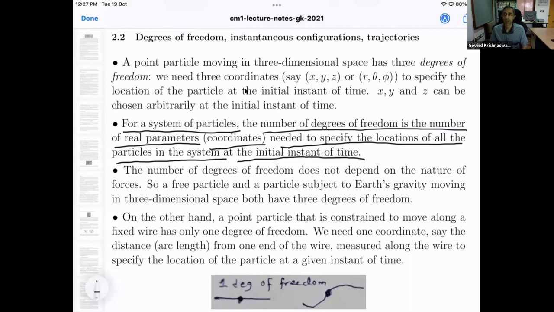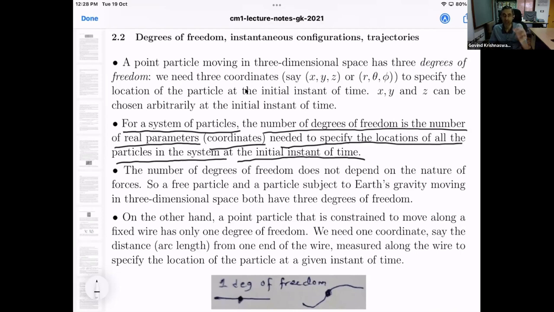To make things a little easier and clearer, we define some instant of time as the initial instant, maybe 9 a.m. And we ask how many real parameters we need to specify to locate all the particles at that instant. There is no trajectory involved. You are free to put the particles where you like, as long as it is the system that is specified.